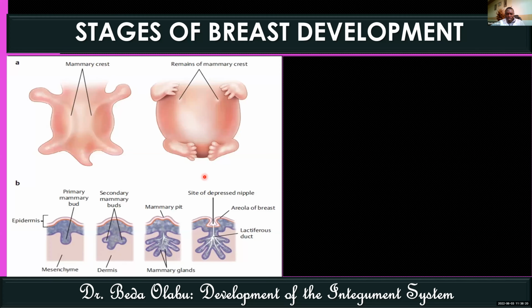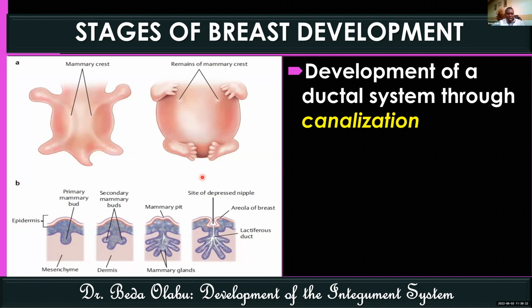After the formation of the secondary mammary bud, which we can see here, remember this is the primary breast bud, and the secondary breast bud forming, we have a canalization process also going on in the ductal system. Usually the stem of the duct is the one that will begin, then extend into the various branches of the bud.